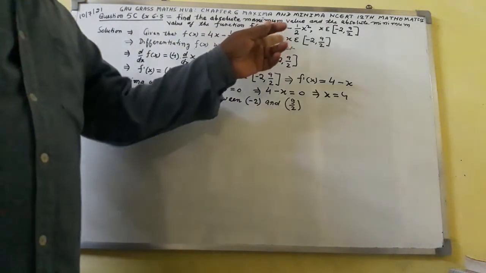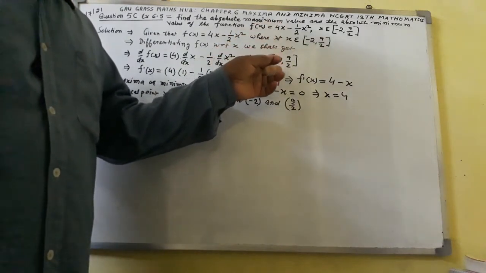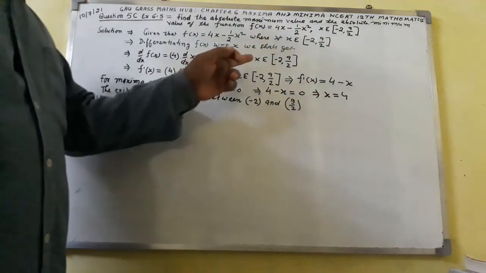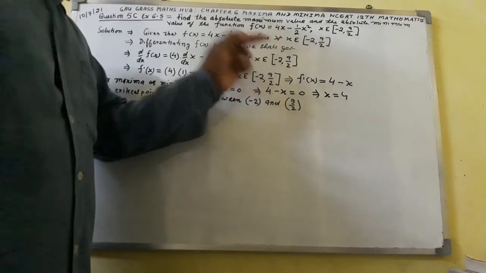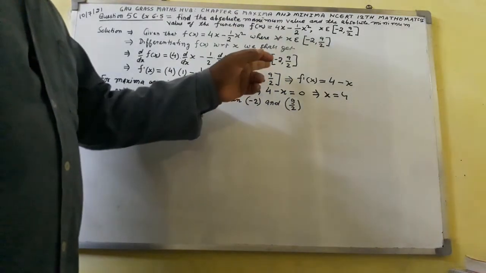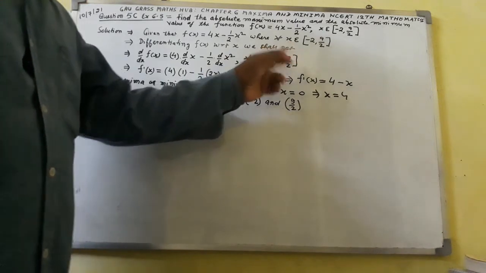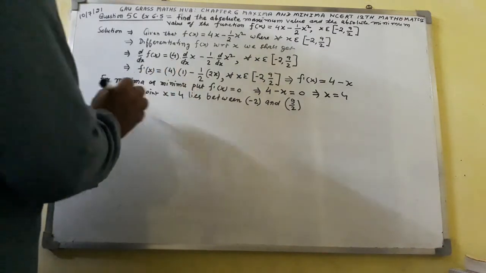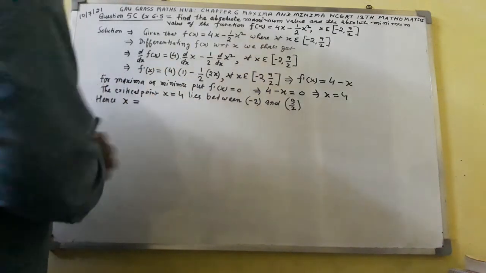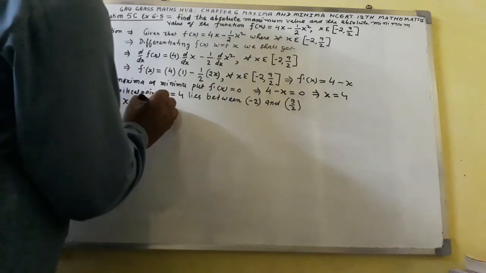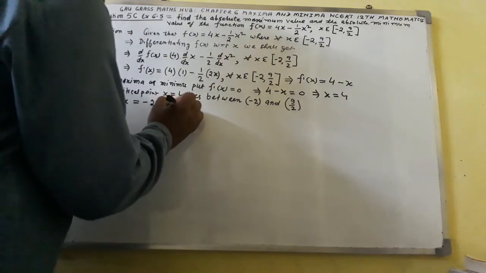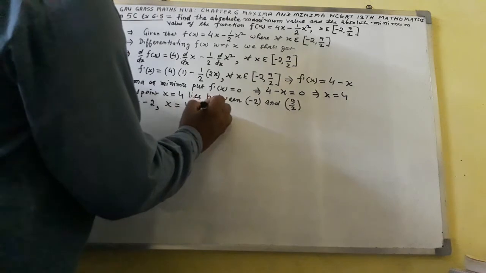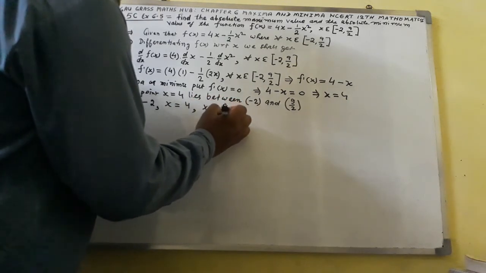Here you can see x belongs to closed interval minus 2 comma 9/2. This means that the value of x will be minus 2 and the value of x will be equal to 9/2. So here I shall write, hence x is equal to minus 2, x is equal to 4, x is equal to 9/2.